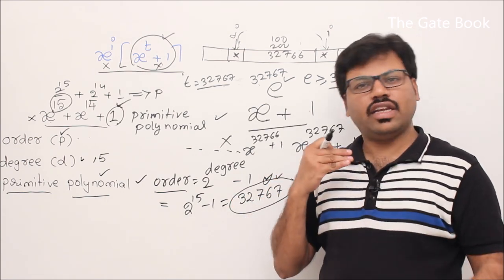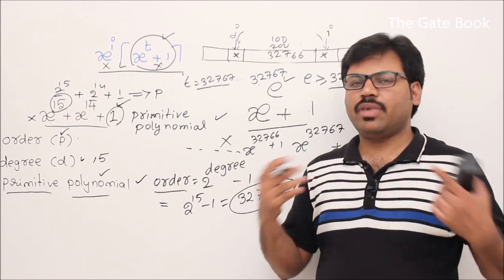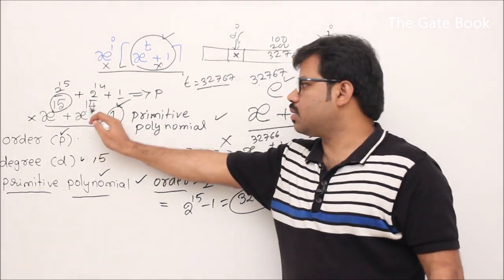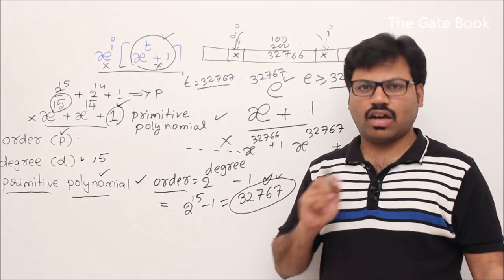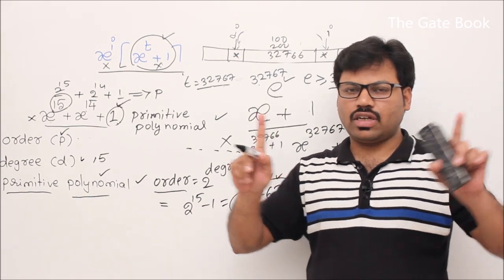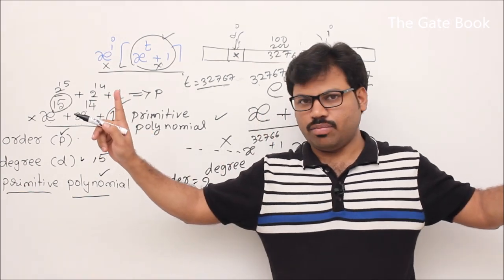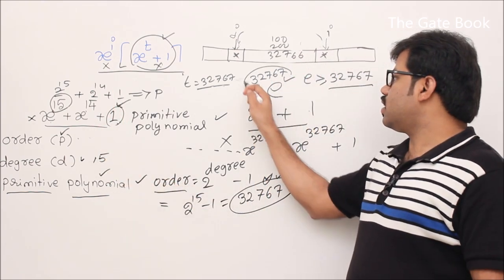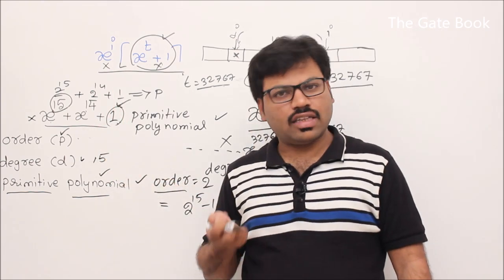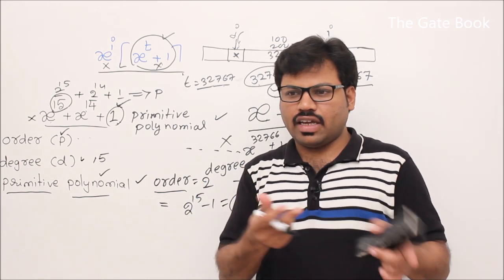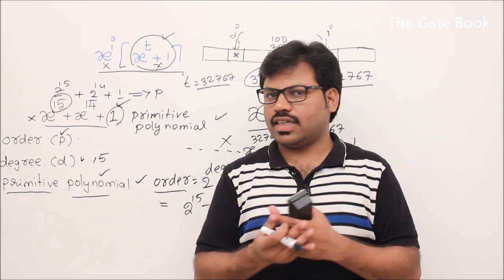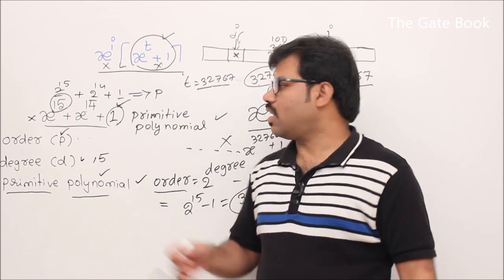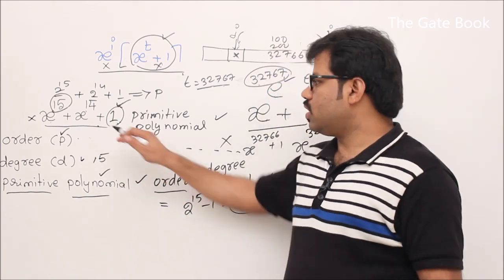Then almost any 2-bit errors can be caught by this x power 15 plus x power 14 plus 1. I am saying almost, not all, right? If the difference between the 2-bit errors is very long, like more than 32,767, then we can't catch. Otherwise, all the errors occurring in a close interval, like with 100 distance or 200 distance or anything, can be caught by this polynomial. That is about this polynomial.